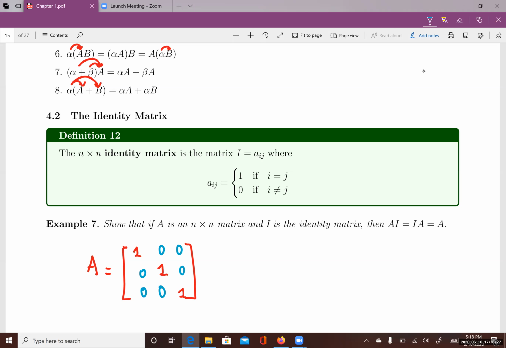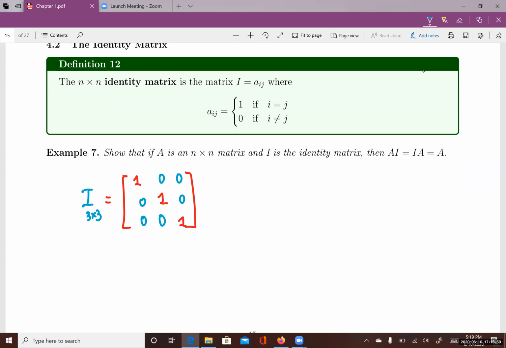Usually we use I to denote an identity matrix, and because this is a 3 by 3 matrix, we'll say I 3 by 3. I 3 by 3 is usually denoted for an identity matrix of size 3 by 3.